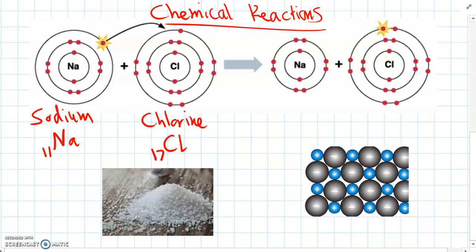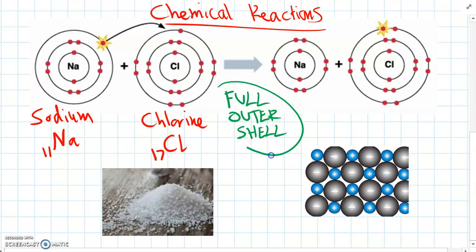And remember, we learnt in the last video that atoms try to gain a full outer shell. The magic number for the full outer shell is 8 electrons.